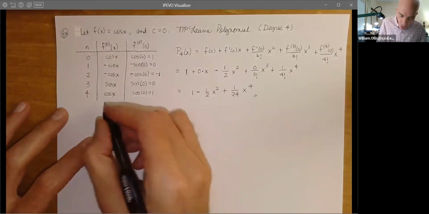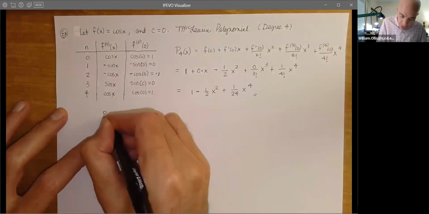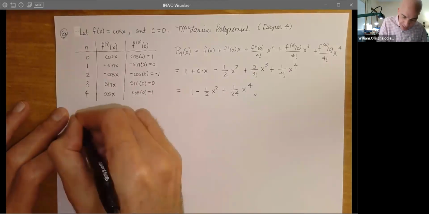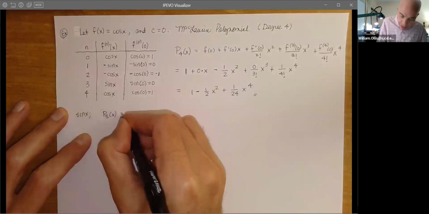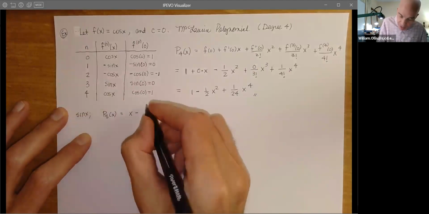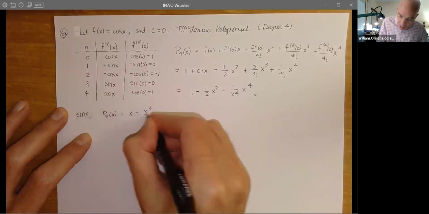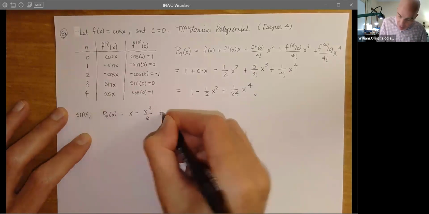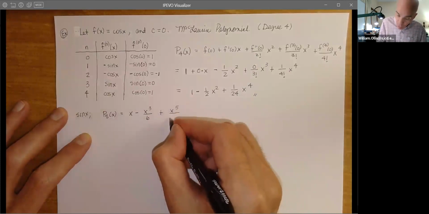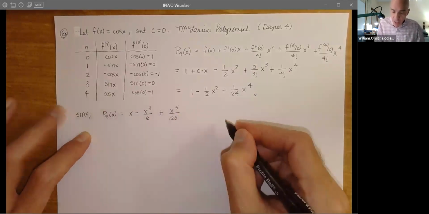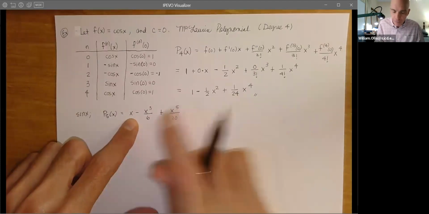Again, if you recall, for the 5th degree for sine x, we got something like this. We got x minus x cubed divided by 6 plus x to the 5th divided by 5 factorial, which is 120. And so now this is no surprise.